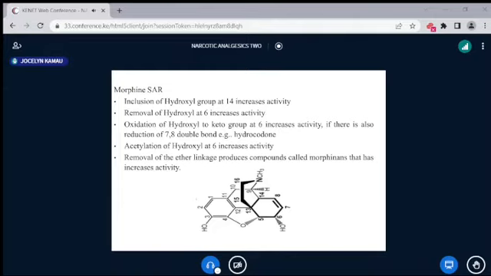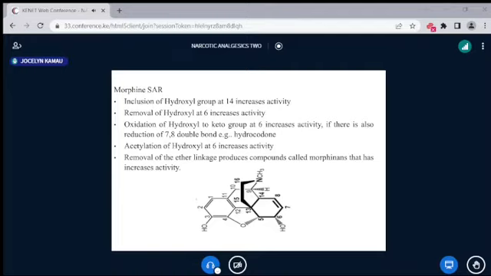As I'm saying, we are looking first of all at the general changes that you can do to morphine to get its analogs. The analogs either will have more activity or lesser activity. Remember, we did mention the more the analgesic activity, also the more the toxic activity. The lesser the analgesic activity, the lesser toxicity.